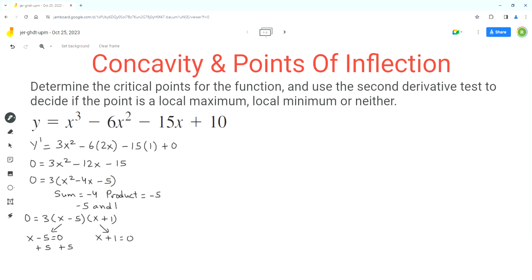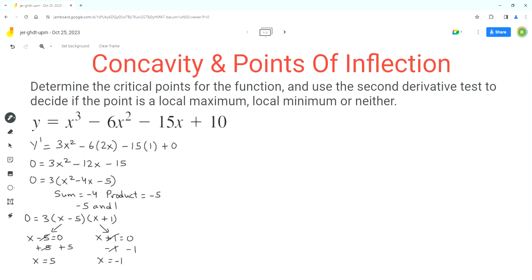So the 5's on the left side cancel each other out. So we get x equals 5. This is the first critical number. Now we can solve the second case. So we can subtract 1 from both sides. The ones on the left side get cancelled out. So we get x equals negative 1. This is the second critical number.